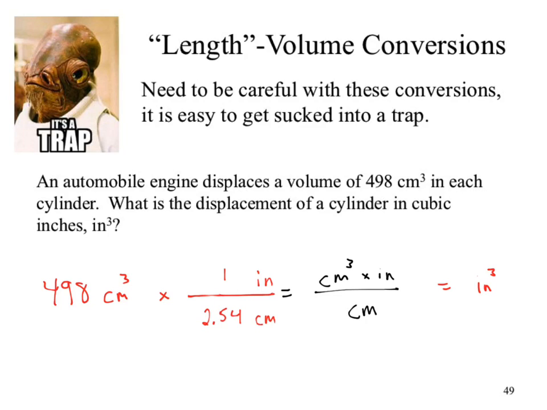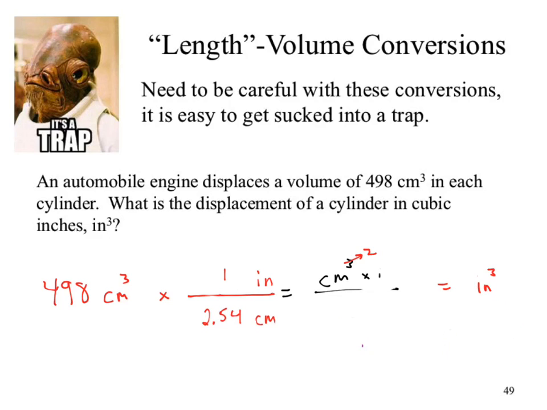Centimeters shows up in both the numerator and the denominator, so what can you do? Can I cancel them entirely? No. I can only cancel one, and my unit becomes centimeters squared times inches. Is that the same thing as inches cubed? No. If you track your conversion carefully, you can account for these kinds of simple mistakes.